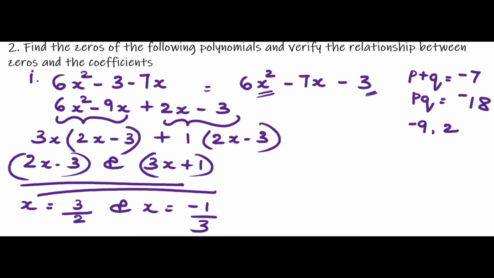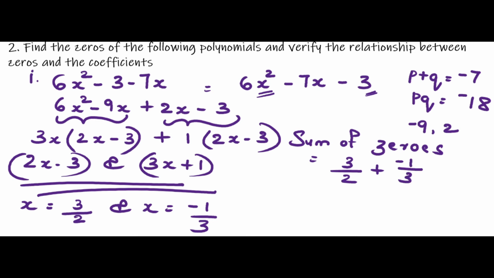So you have to check the sum of zeros. Sum of zeros is equal to minus b by a. Here you can go for the sum of zeros as 3 by 2 plus minus 1 by 3. Taking the LCM, 9 plus minus 2 by 6, which is equal to 7 by 6.